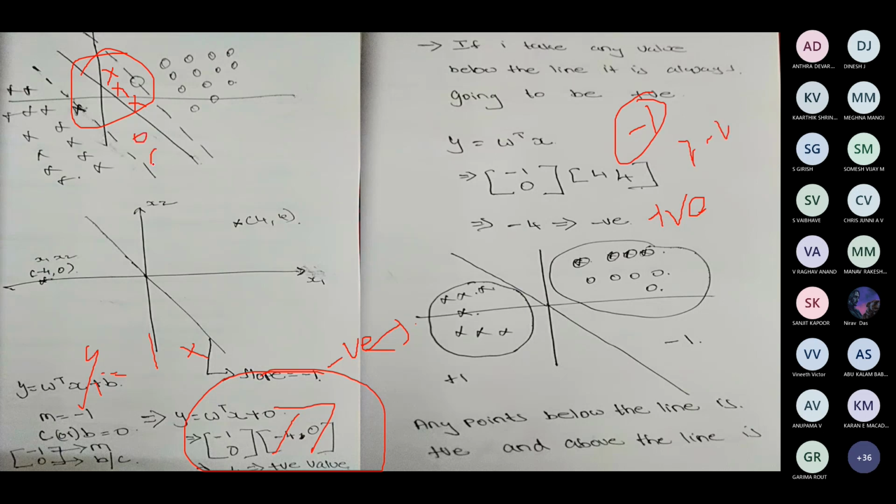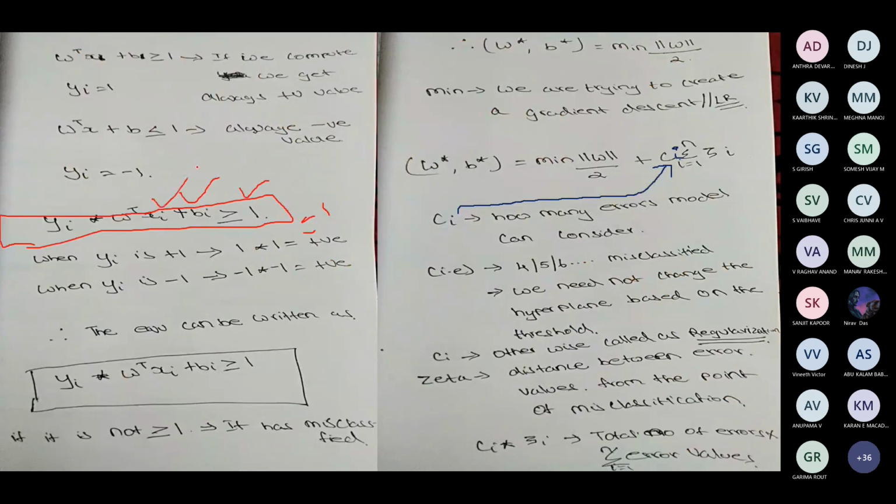So it means I have misclassified. It should always be greater than 1, which means I have correctly classified.